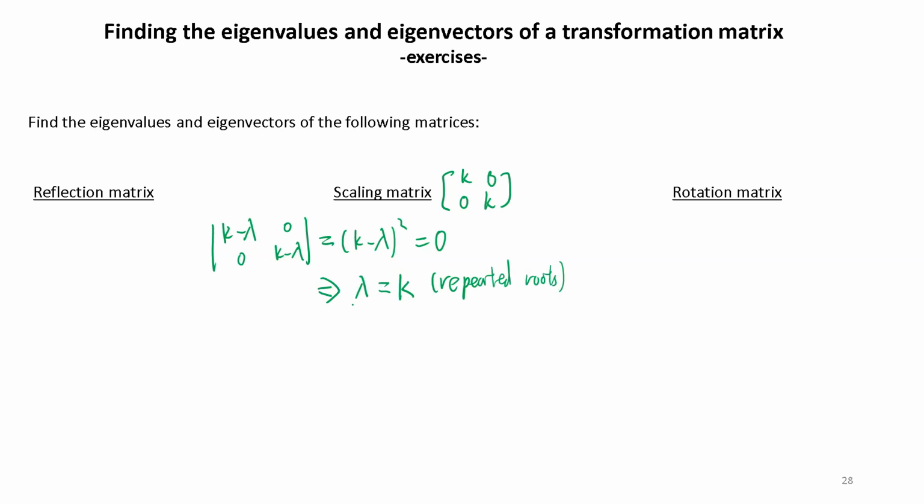So if we substitute this back to the system, actually what you find is 0 times x plus 0 times y equals 0, and then 0 times x plus 0 times y equals 0. And really, it tells you nothing, right? So no requirement for the x and y, right?